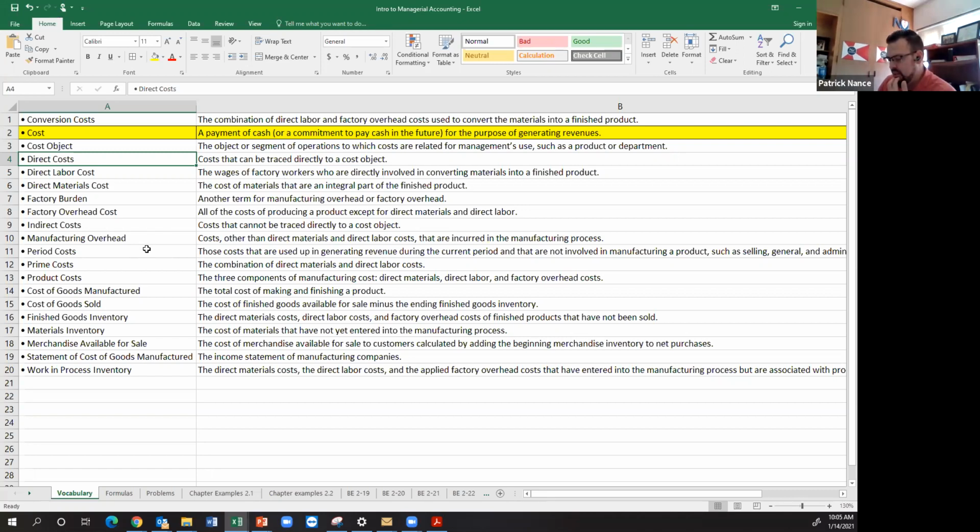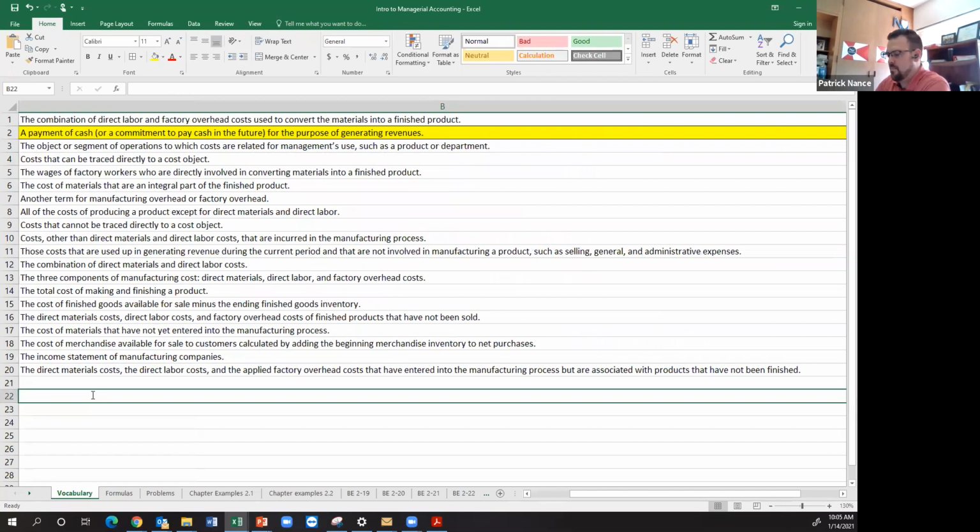Costs that are used up in the production of these revenues, when they have expired, are what we call expenses. And expenses are the ones you might be more familiar with because expenses are the ones that we actually see on the income statement. And in case we don't remember from the intro class, an income statement is a statement for a period of time that shows revenues minus expenses for a given period of time.